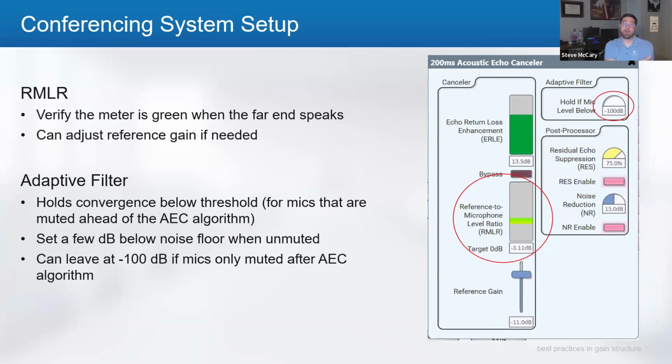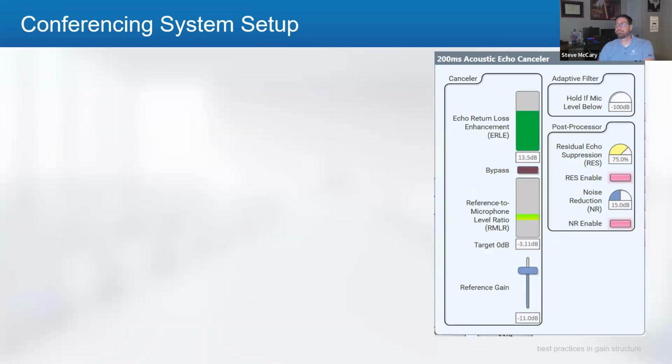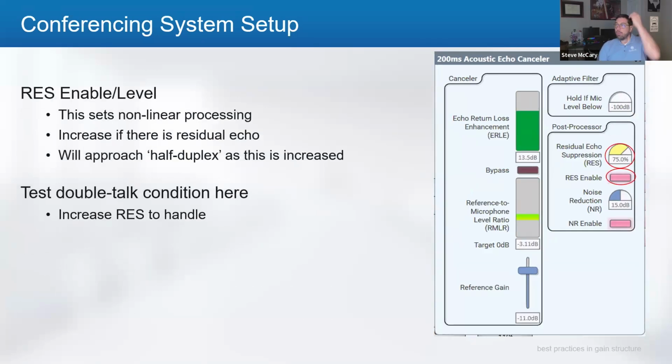The best practice from our side is to mute the microphone after the AEC. If you need to put a microphone mute button, just put that in the DSP and use that so that the AEC algorithm is constantly hearing and will stay converged at all times. So, residual echo suppression.